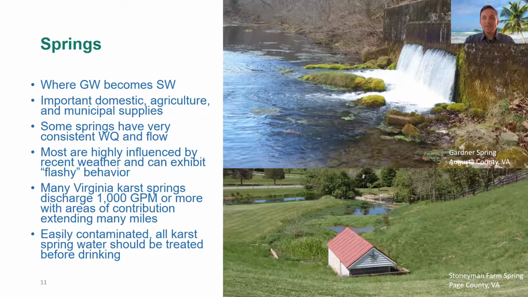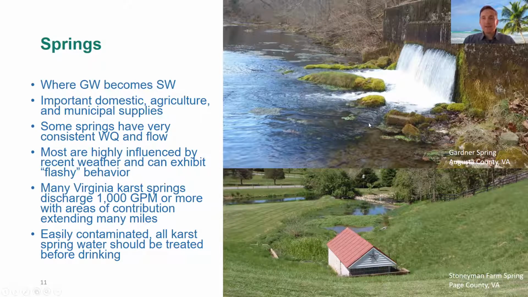So contaminants can move very quickly in this region, and because of that, all of this karst water, springs, and anything you obtain from wells should really be treated before drinking, because of that easily contaminatable aspect. Sometimes in these areas, you'll find a little hand dipper where people used to come up and just drink straight out of it, but with increased population density, that's just really asking for trouble these days.